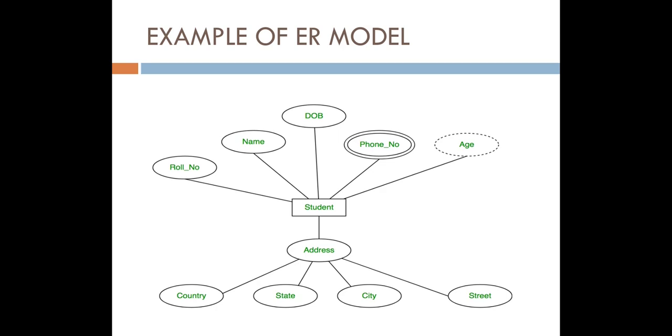And roll number can be taken as key attribute because if you want to distinguish one student from the other student, we have to take the help of the roll number. This is one simple example where we have taken only one entity, that is student, and the attributes are the roll number, name, date of birth, phone number, age, address, etc.